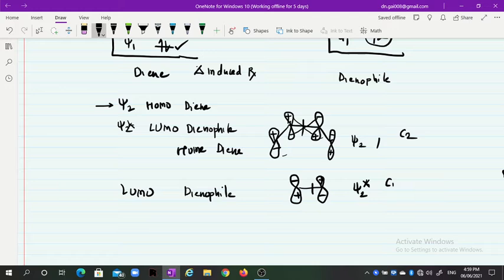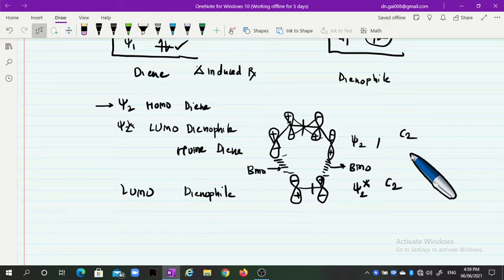In this case also there is C2 symmetry. Here bonding is possible, negative with negative and positive with positive. This is a bonding interaction.